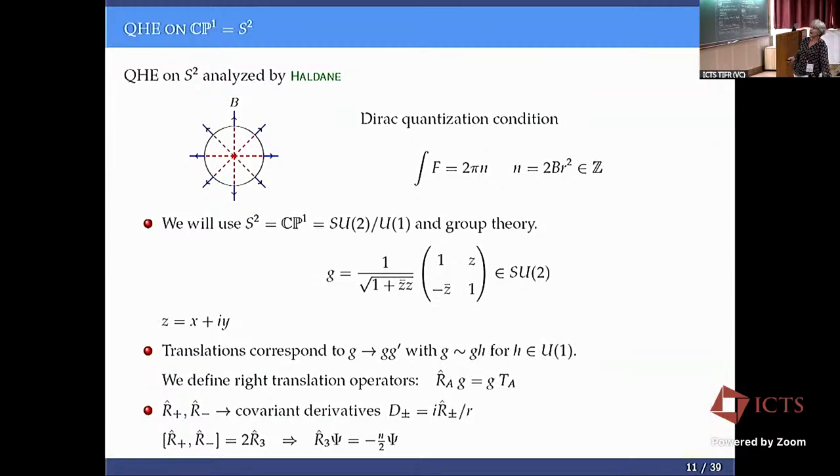So we have R plus and R minus, which are essentially the covariant derivatives of this manifold. The commutator of these gives R3, which is like the magnetic field because these are covariant derivatives. This will be minus 2B, which means that the action of R3 on psi has to give minus N/2. So this has very particular right charges.